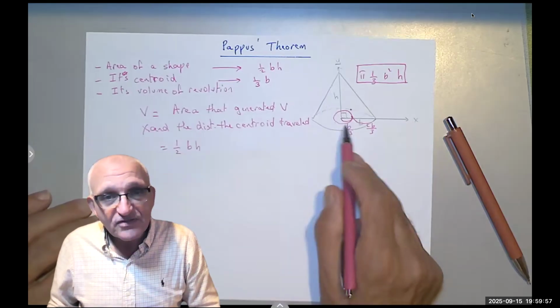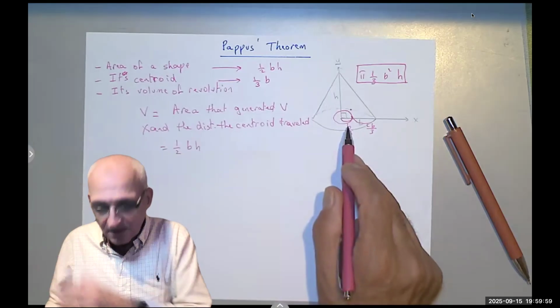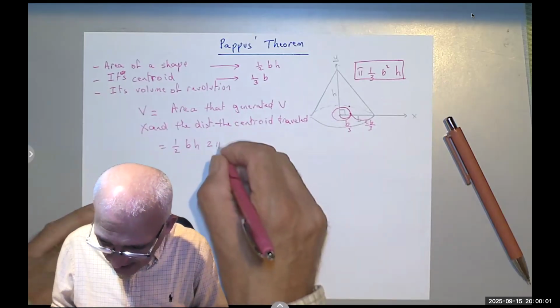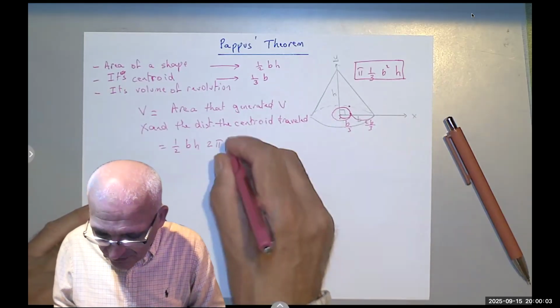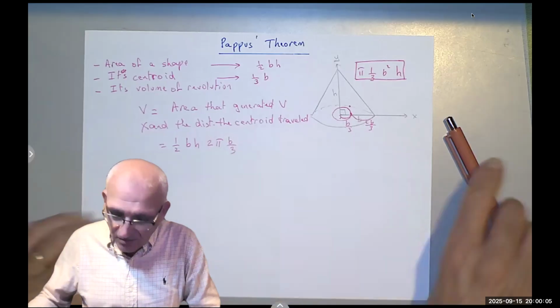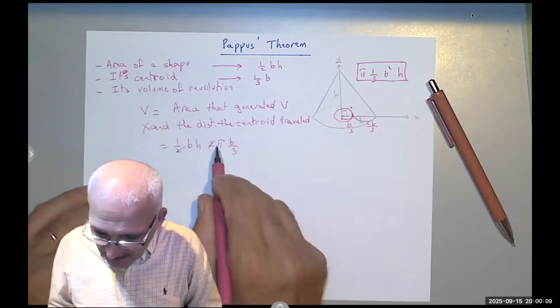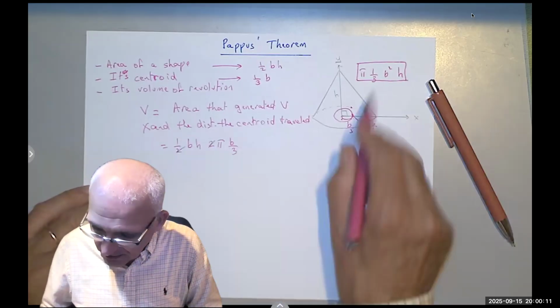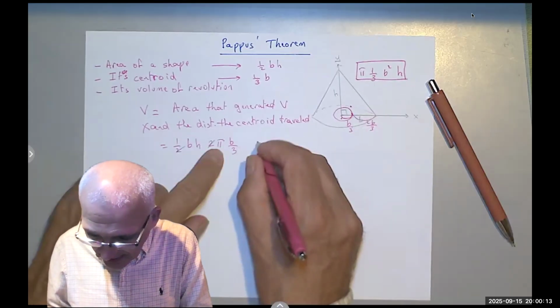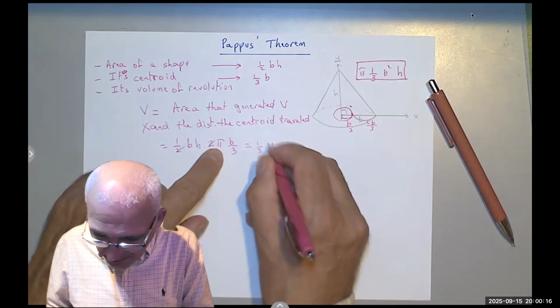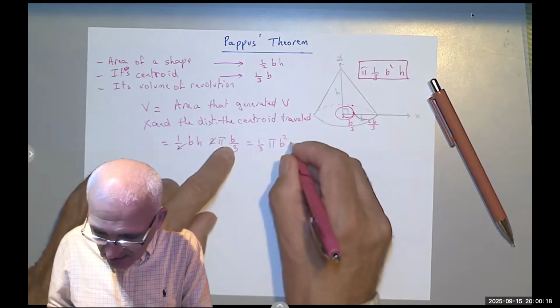The circumference of a circle is 2 pi r. 2 pi, and r here is b over 3. Now, 2 and 2 cancel, and you get 1/3 pi b square h.